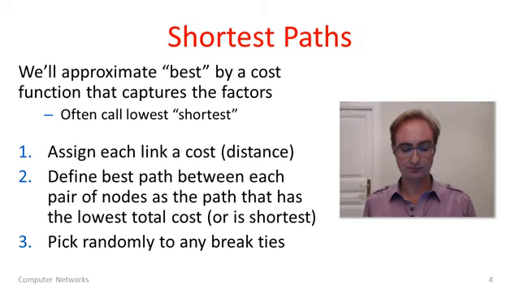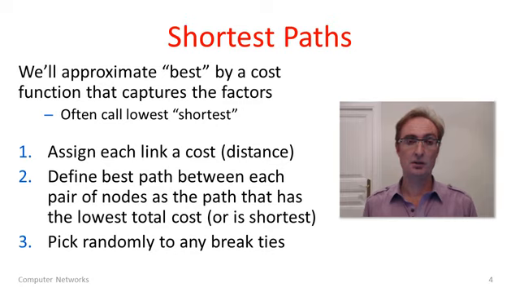What can we do? With shortest paths we come up with an approximation which can represent many of these factors roughly. What we will do is make a cost function so that we'll be able to compute the cost of different paths, and we'll choose the path which has the lowest total cost to be the best path. By assigning the costs in different ways, we'll be able to capture some of these different factors.